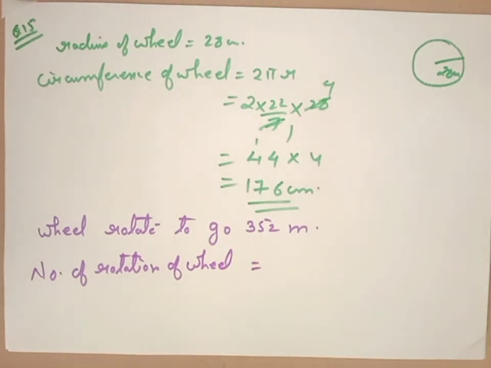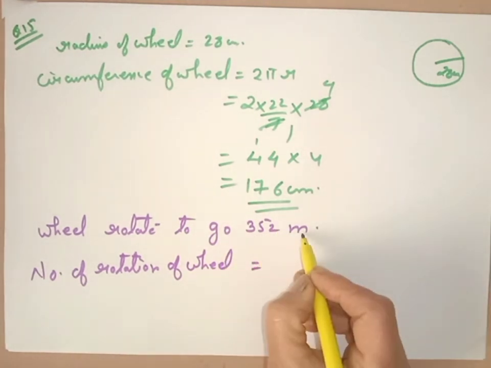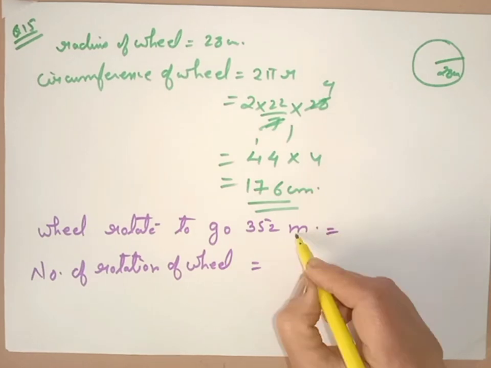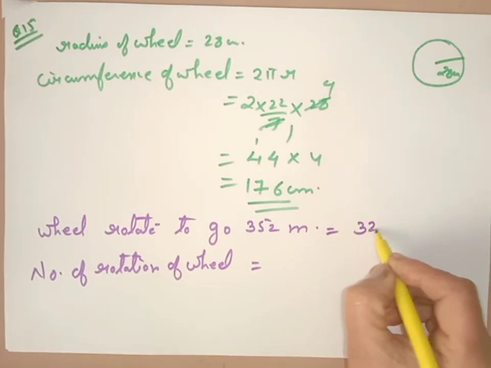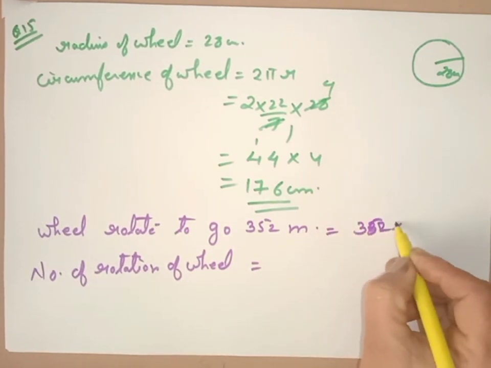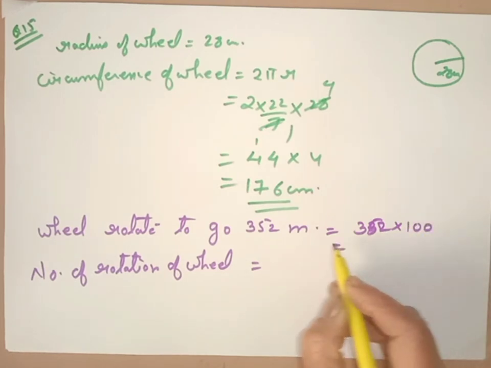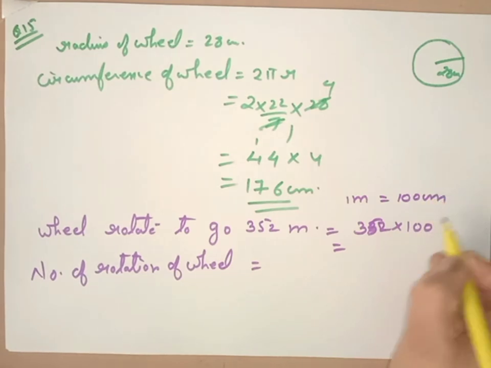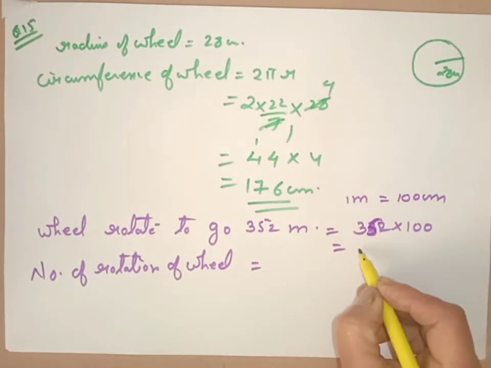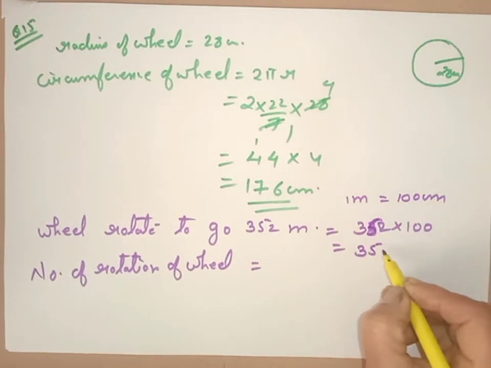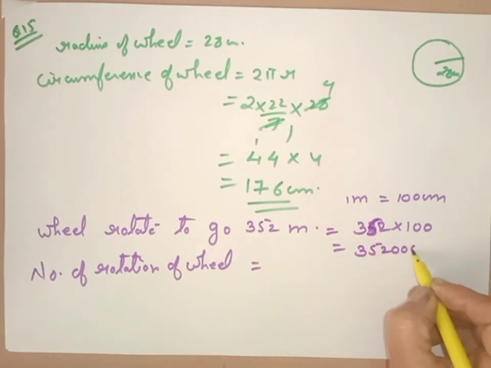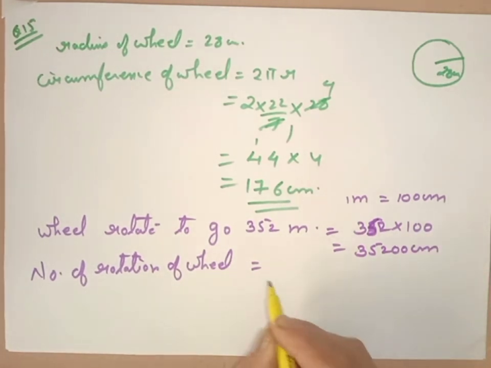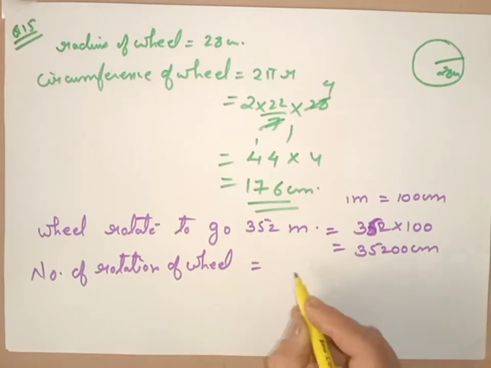This is given in meter, so I will convert it into centimeter. 352 will be multiplied by 100, because 1 meter is equal to 100 centimeter. So it will be 35200 centimeter. We have to find the number of rotations of the wheel.